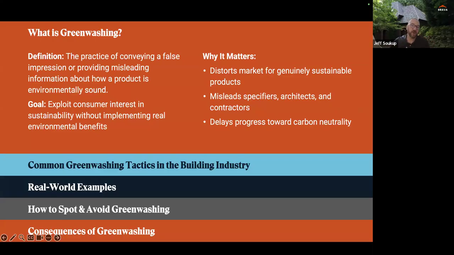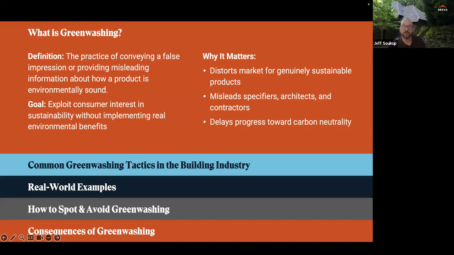So I'm going to make my products sound like they're sustainable. The definition of greenwashing: the practice of conveying a false impression or providing misleading information about how a product is environmentally sound. So we're taking people's demand, what they want to do, exploiting their interests, and selling them materials without the environmental benefits.